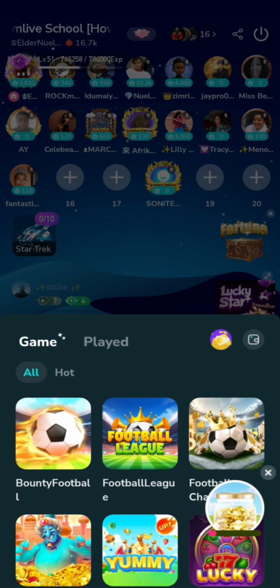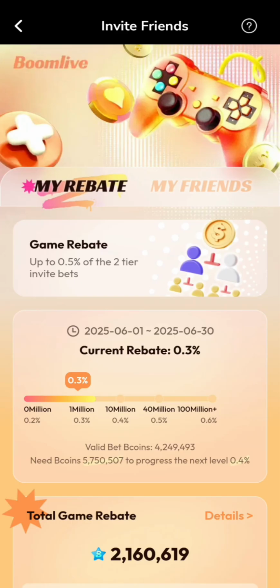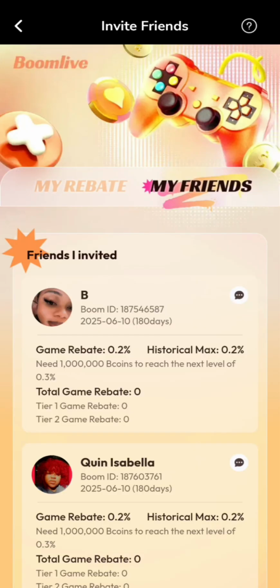If you have not, when you tap on the green gamepad, you tap on the yellow boiling coins at the top. You're going to see my rebates, and then you tap on my friends. My friends shows the history of anyone that you have invited to play games.